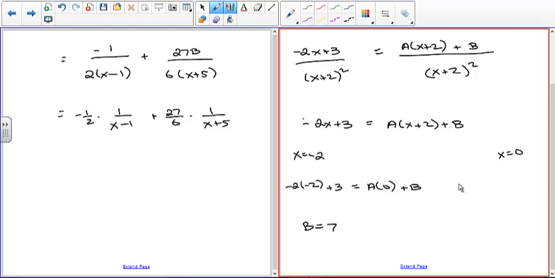Then we set x equal to 0, which means that term goes to 0. So you get negative 2 times 0 plus 3 is equal to 2a plus b.